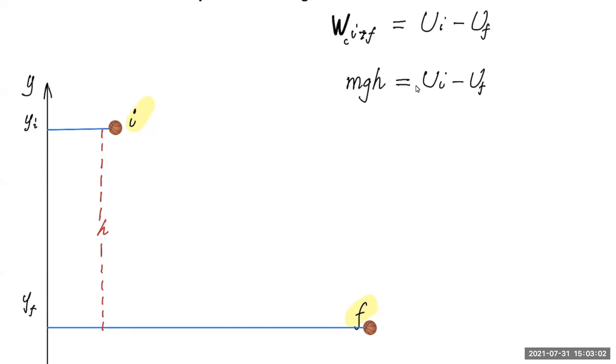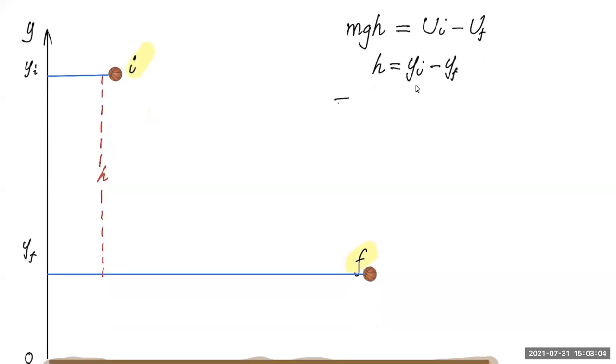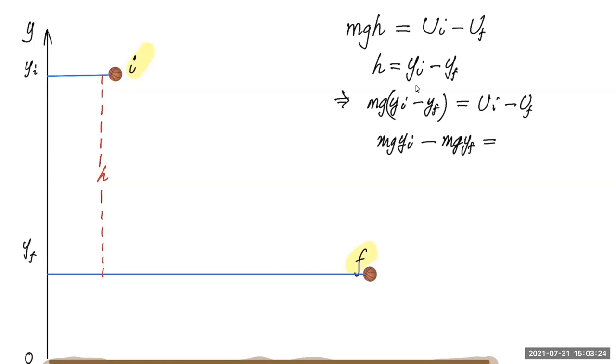So I can plug that into the expression for mgh, then I get mg times y initial minus y final equals U initial minus U final. So I'm going to work out this: mg y initial minus mg y final equals U initial minus U final.